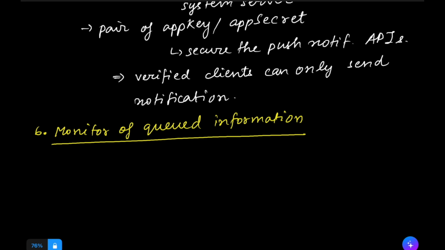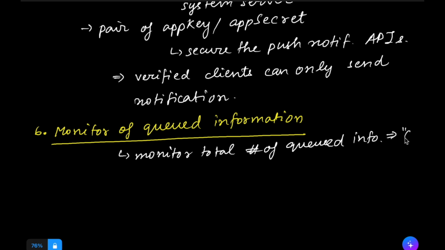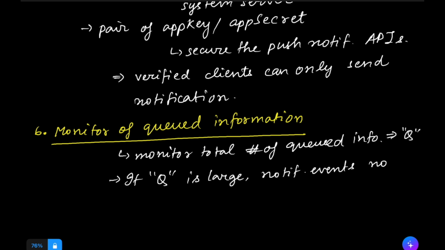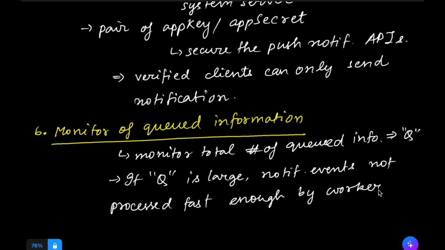So basically what we monitor is the total number of queued notifications. Let's say this is denoted by queue, and if this queue is large, the notification events are not processed fast enough by the current number of workers which we have.